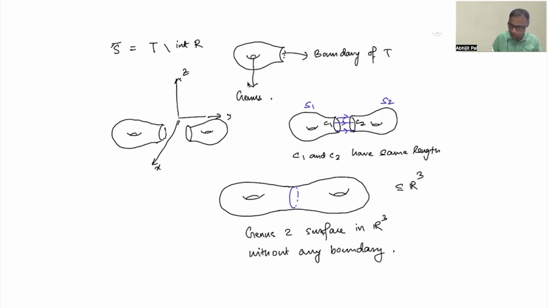Let us call it S2. S2 is this genus 2 surface in R3 without any boundary. S2 is a regular surface, and this algorithm you can continue.